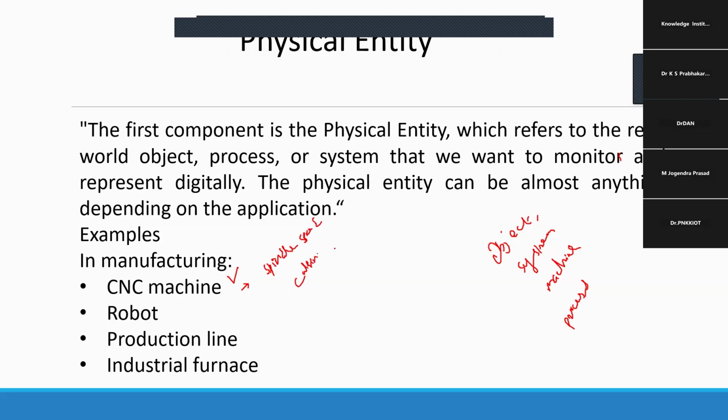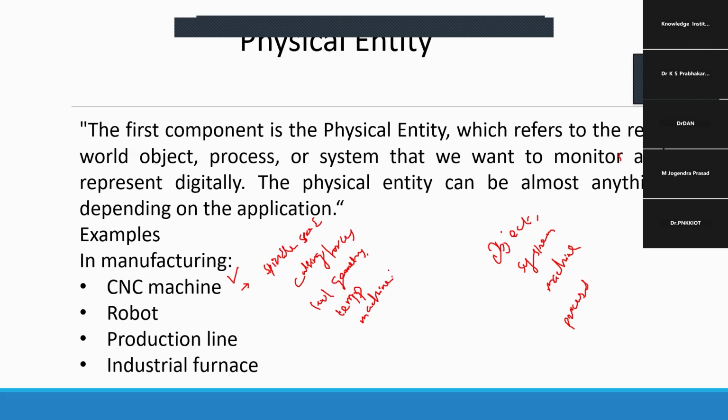What are the cutting forces, what is the tool geometry, what are the operating temperatures, and what is the machine structure? These things we need to understand. The more accurately we understand the physical asset, the more reliable our digital twin will be.